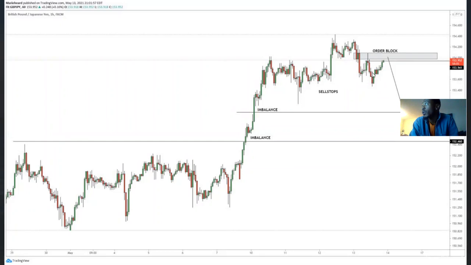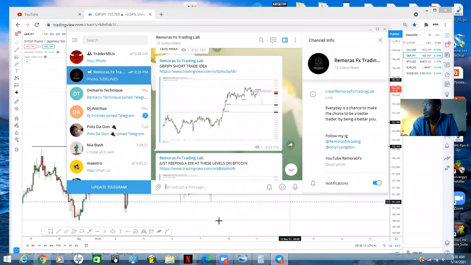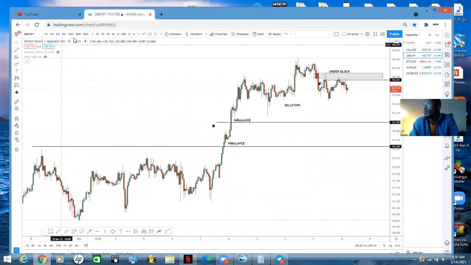So that was what I seen happening at that time, this retracement coming to retest this order block, and that could possibly give us a drive down to take out these sell stops below these equal lows right here, and maybe even fill in some of these imbalances down here at these lower levels. So that was the idea on GJ.